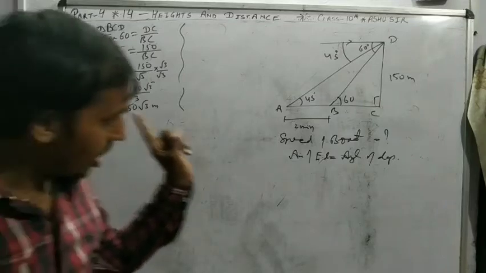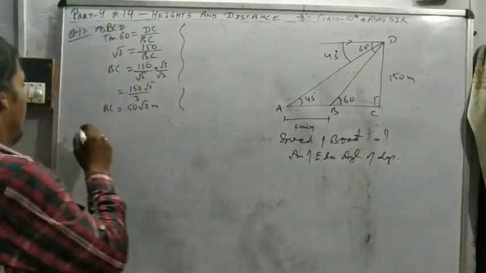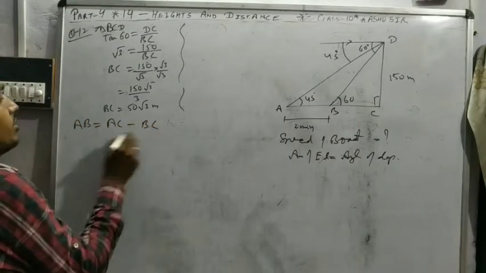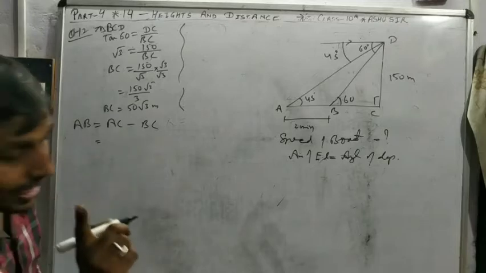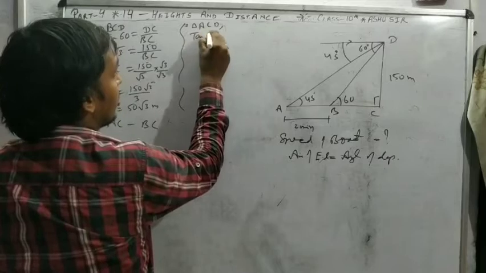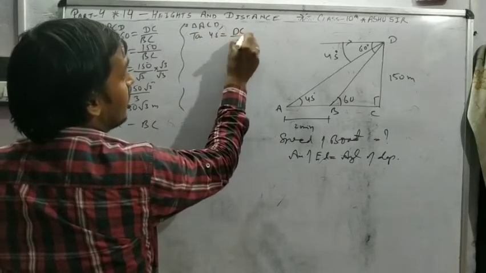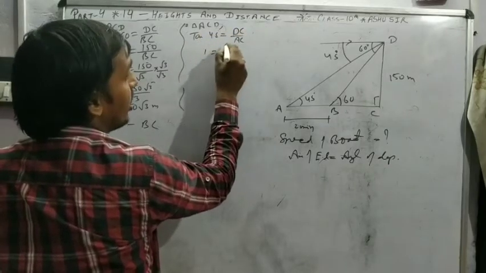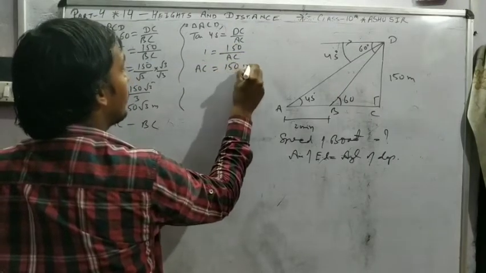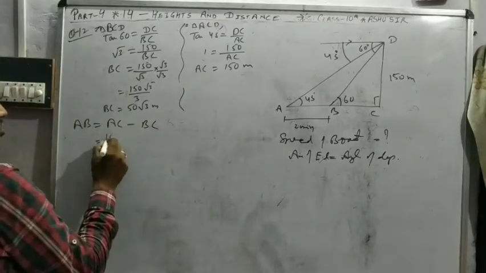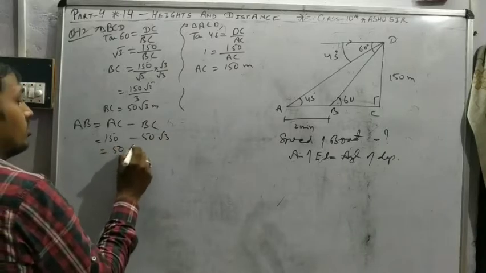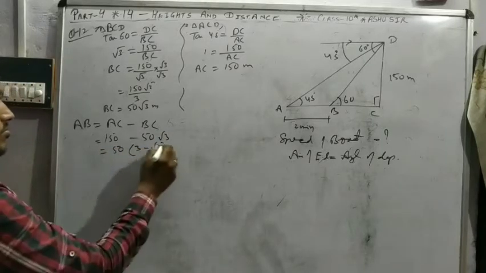Then you find AC, so you get AB equal to AC minus BC. First you find the value of AC. In triangle ACD, tan 45 degree equals DC upon AC, 150 upon AC, AC is equal to 150 meter. Put here 150 minus 50 root 3, 50 common, 3 minus root 3 meter.